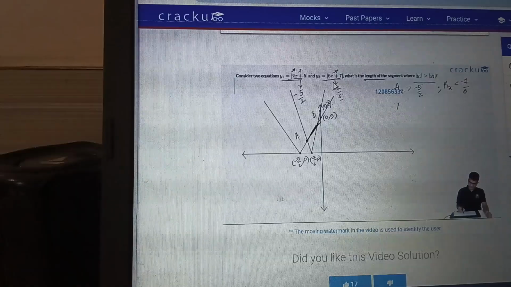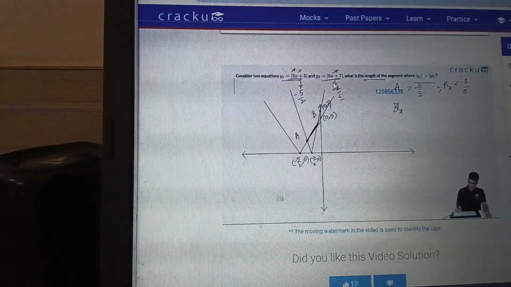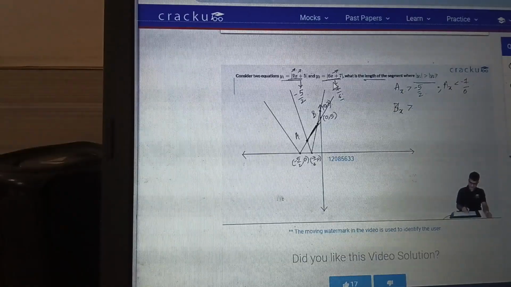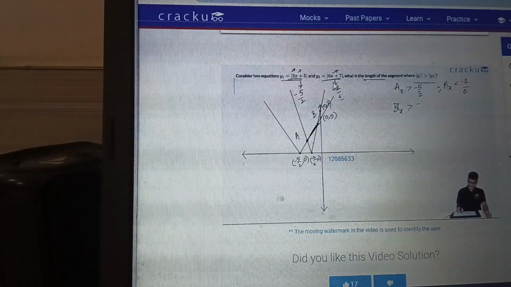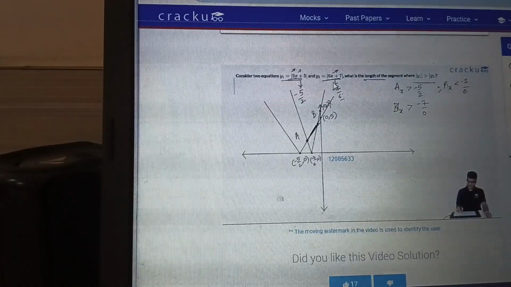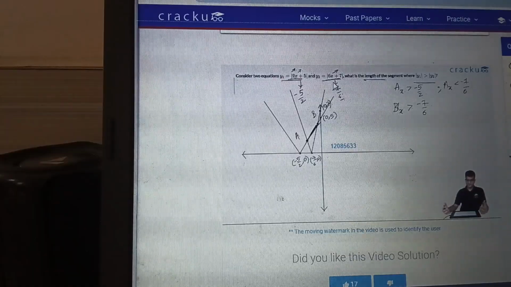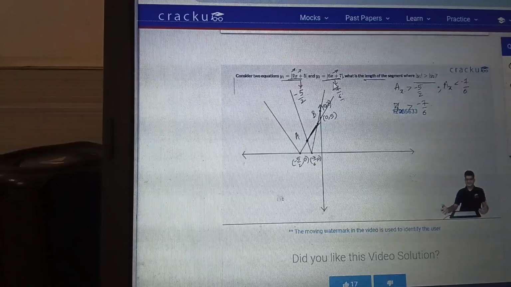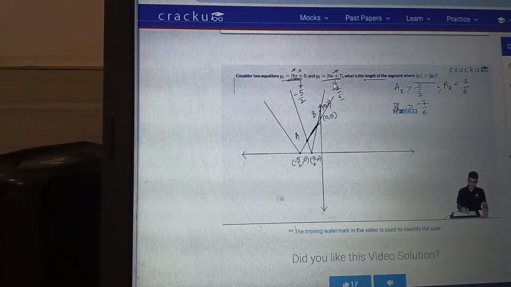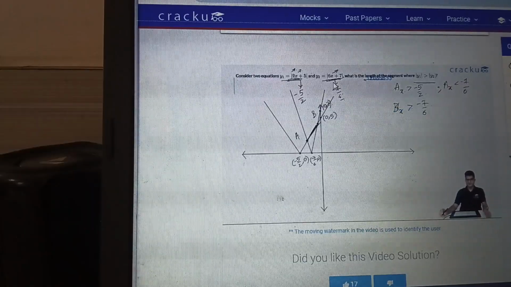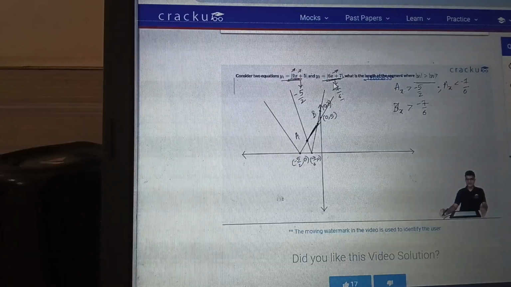if you are calling that D, the x coordinate of the second point is greater than minus 7 by 6. This is what we should look at when we are drawing the graph, so that we have a rough idea of where the points lie. That is important because then you can easily calculate the values of the coordinates, because you can figure out the value of y1 and y2.